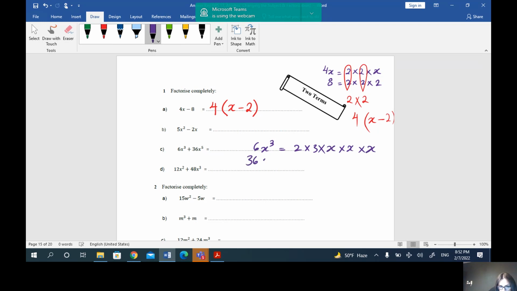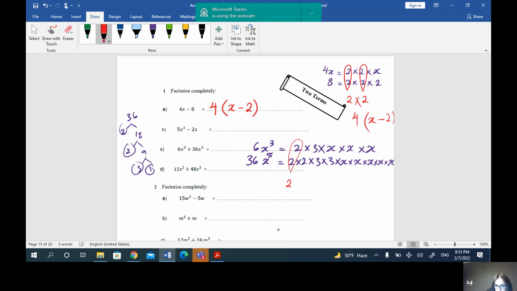36x to the power of 5. It will be 2 times 2 times 3 times 3. Why? Because 36, it's 2, 18, 2, 9, 3, 3. So we take the primes, 2 times 2 times 3 times 3. Okay? Here, times x 1, 2, 3, 4, and 5. All right? Now we're going to take the common.